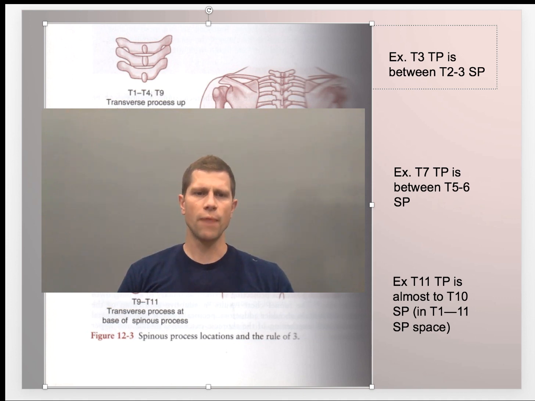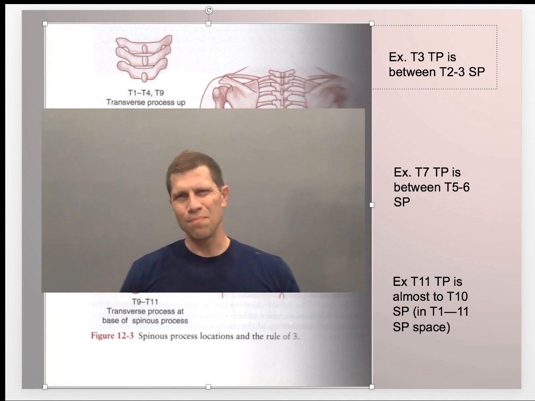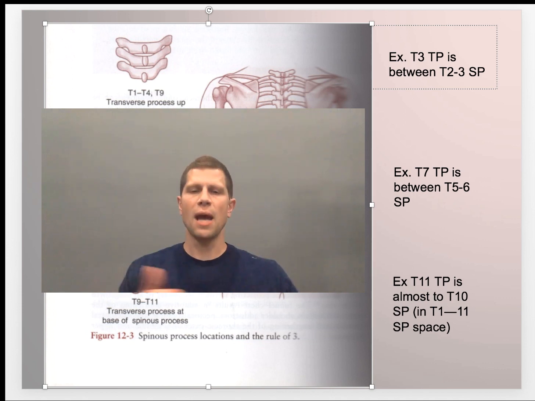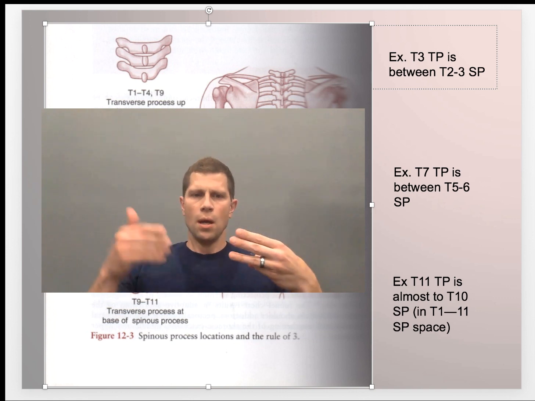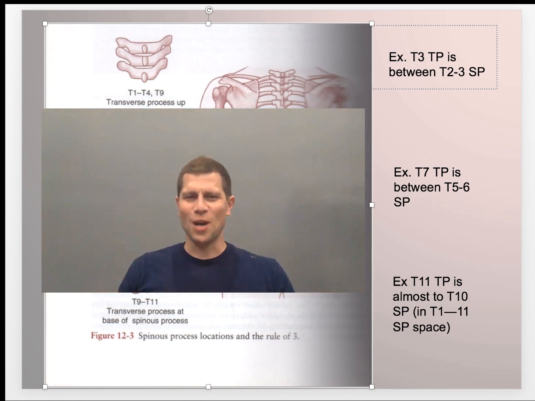Finally, the most confusing, but again, it's actually very straightforward. Don't get lost in the minutia and the specific details with this. The last one describes it as being at the base of the spinous process. If you look at where the base of the spinous process is, it's essentially two-thirds or three-quarters of the way through that interspinous space.